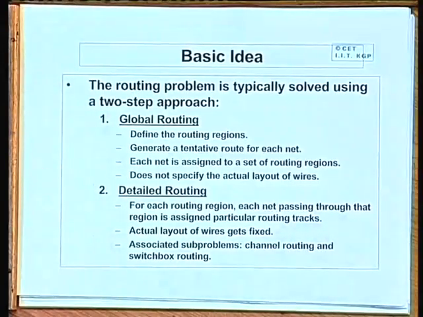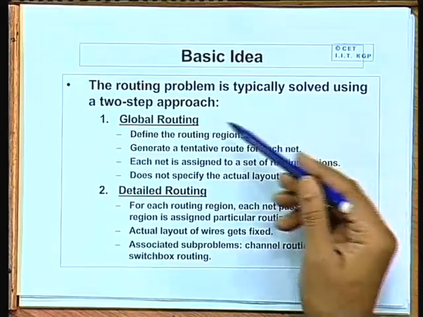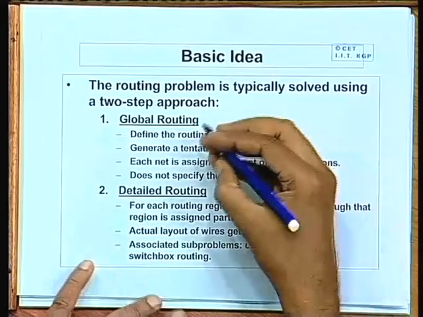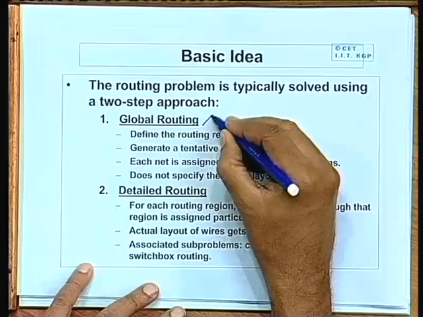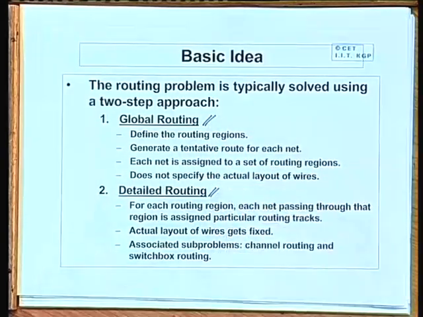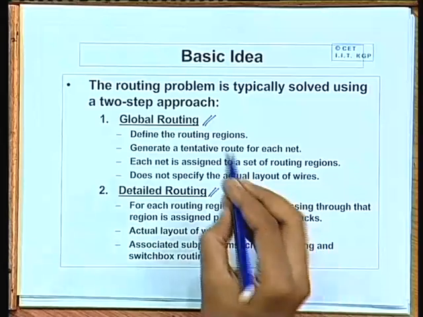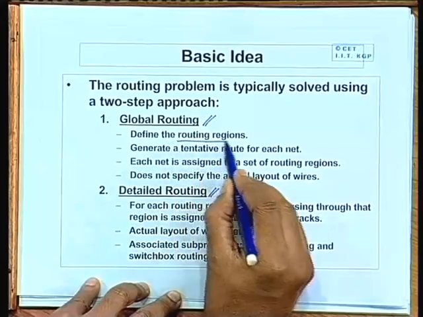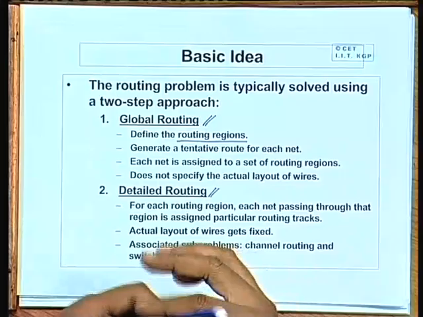So, in practice the routing problem is solved in two steps. The first step which we are discussing now, that is called global routing, which will be followed by another step called detailed routing. Now, in global routing what we do? We define the so called routing regions, because ultimately in the chip after placement we have the blocks placed in certain locations.